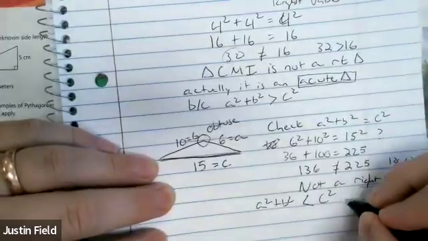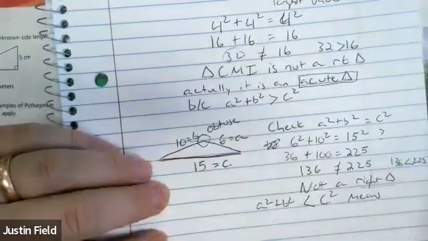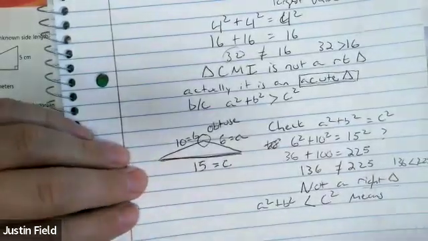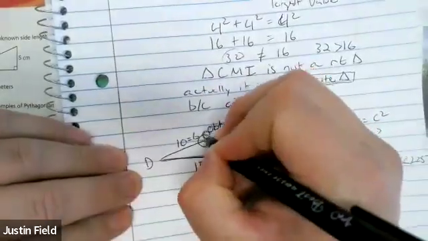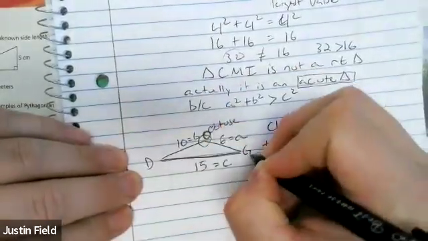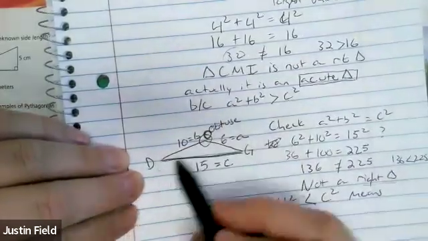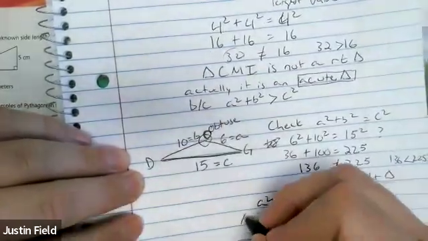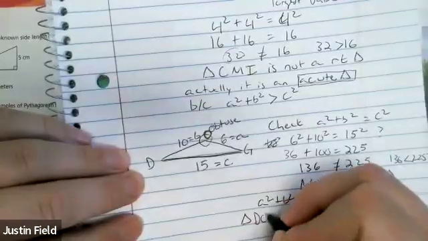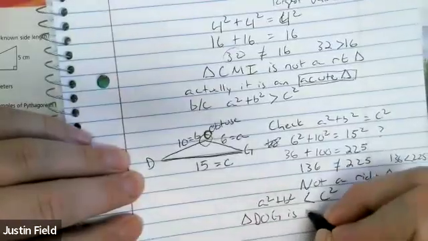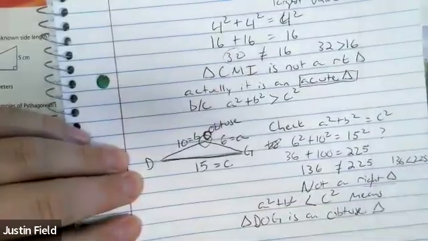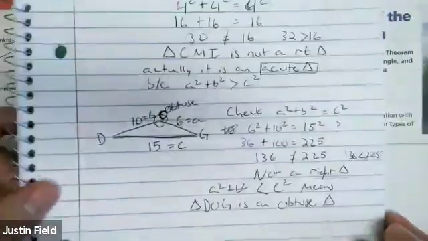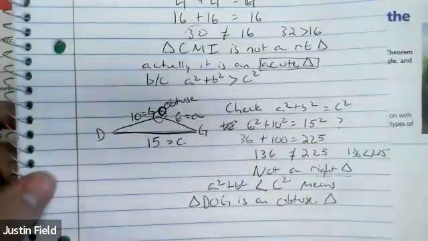So what do we want to call this triangle? How about DOG? DOG, okay? Having some fun. Triangle DOG is an obtuse triangle.